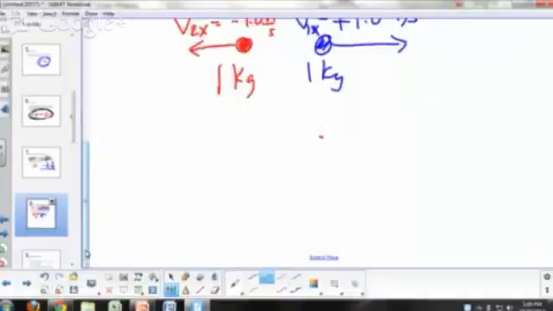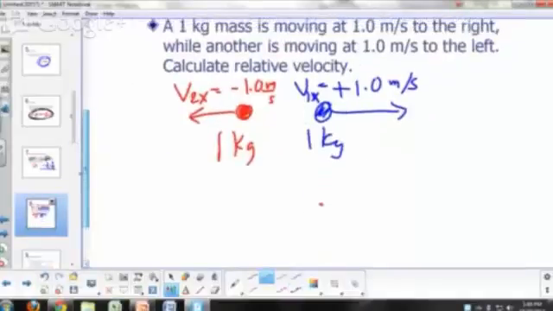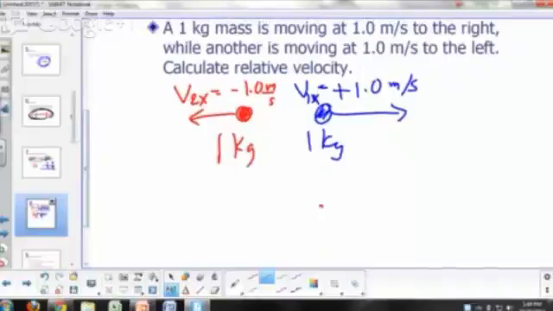What is our relative velocity? V sub x would be equal to v2x minus v1x, right?